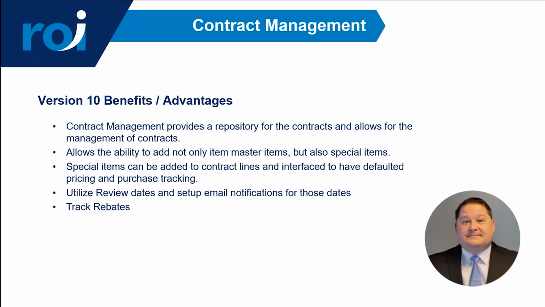The biggest difference between version 10 and FSM is that with version 10, it's a separate module. When you release and activate to update or activate contracts, that actually interfaces into the S3 side of Lawson.